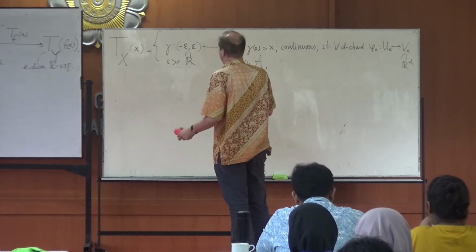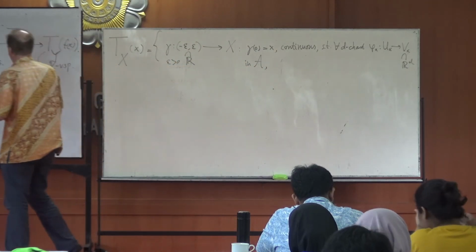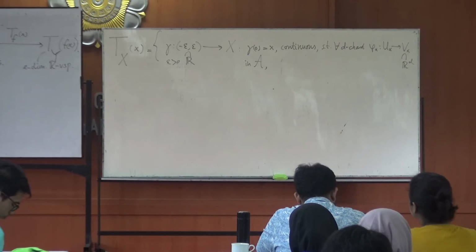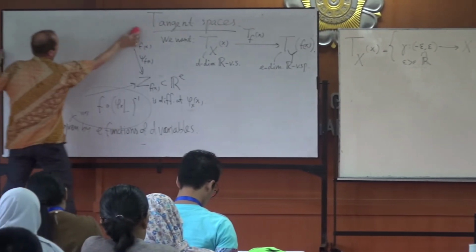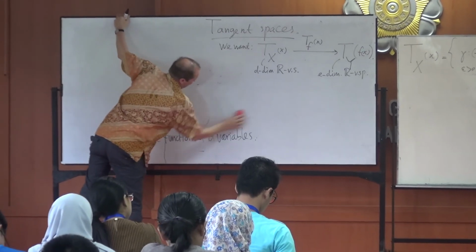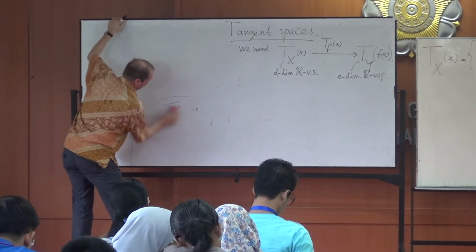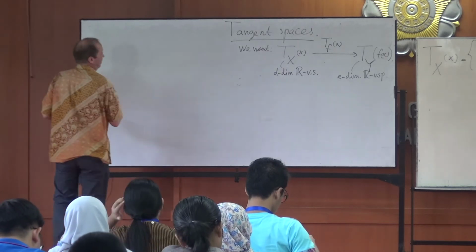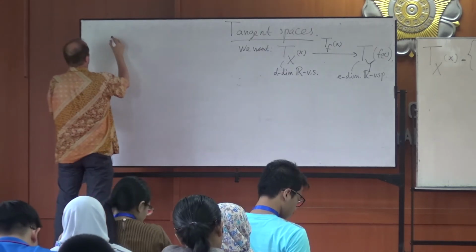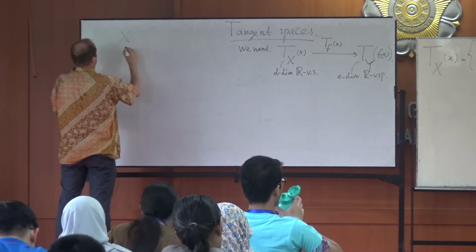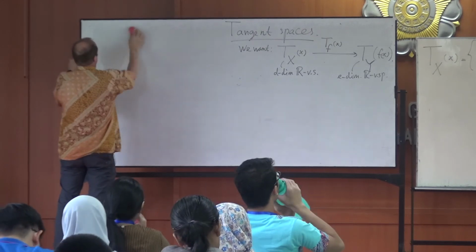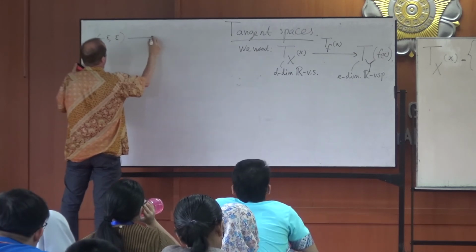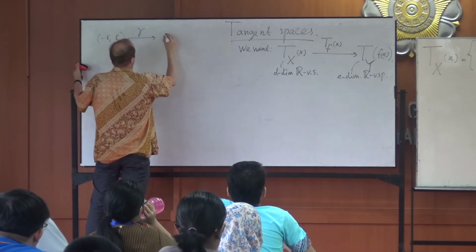Now I again resort to stuff of a similar kind here, but not as complicated, I think. So I have x, right? I have my interval minus epsilon to epsilon. I have my gamma, it goes to x.